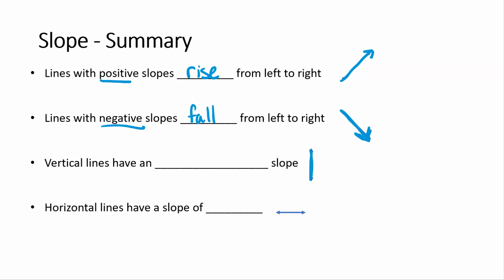Vertical lines have no run. Therefore, you're dividing by 0, which we can't do. We say that is undefined. Whereas horizontal lines just go straight across. There's no rise. So the rise is 0, therefore the slope is 0. So horizontal lines have a slope of 0.